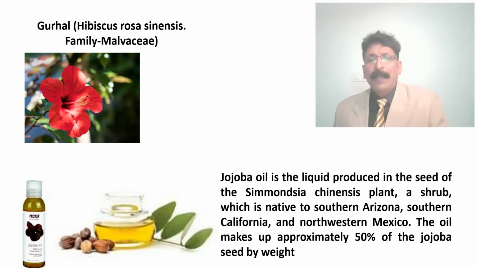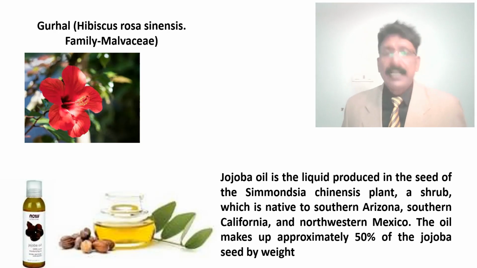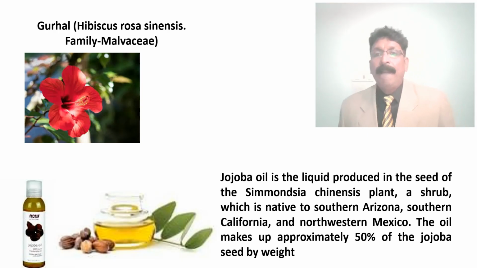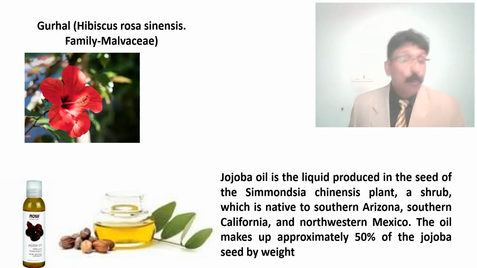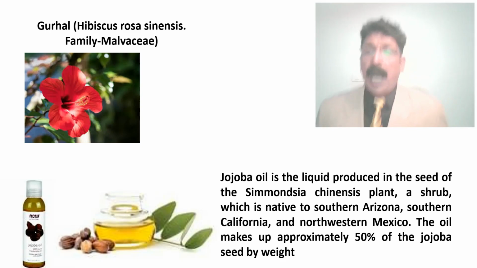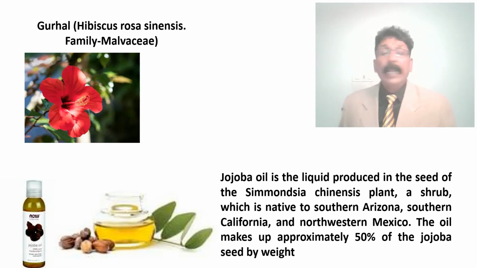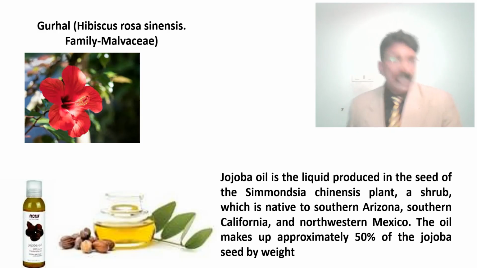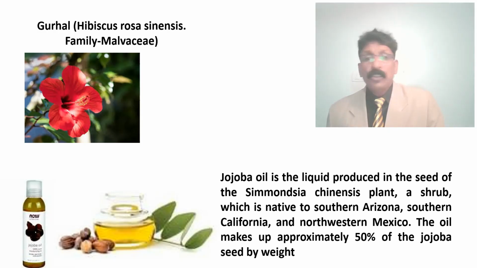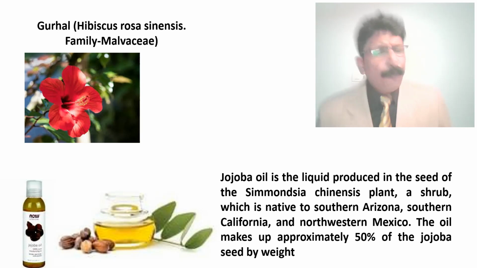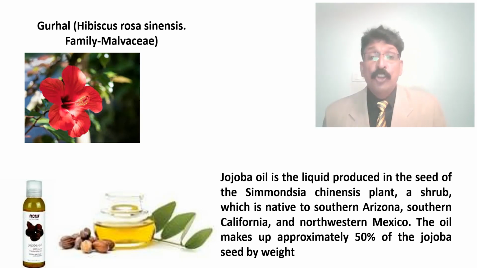Cold pressing the liquid produces oil from the seeds of the Simmondsia chinensis plant, a herb which is native to southern Arizona, southern California, and northwestern Mexico. This oil makes up approximately 50% of jojoba seeds by weight.